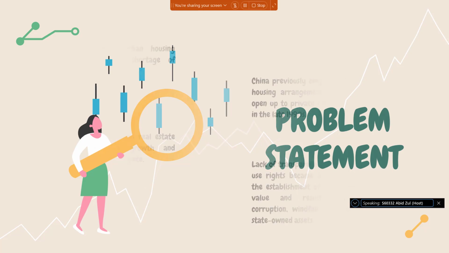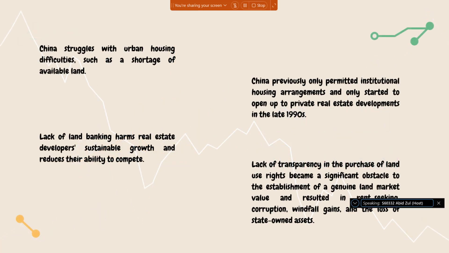Problem statement. There are 4 problem statements in this article. First, China struggles with urban housing difficulty such as a shortage of available land. Second, China previously only permitted institutional housing arrangements and only started to open up to private real estate developers in the late 1990s.